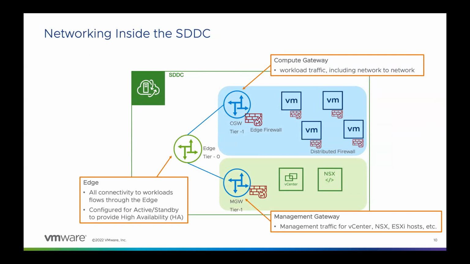The failover is very quick, where it switches and essentially makes the standby router, which is just a virtual machine sitting in vCenter, active. It will kick that on, and then it will deploy another one in the background as the new one becomes active. And then you have your managed gateway for your management traffic, which will be your vCenter VM, NSX manager VM, and your ESXi host will be within that management gateway.